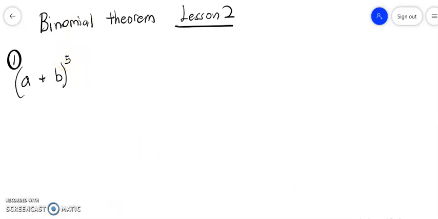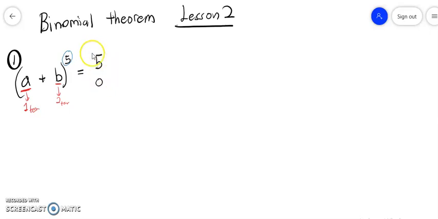For this example, A is the first term and B is the second term. First we will start by taking this number 5, and we start with the binomial coefficient, which I have taught you previously.